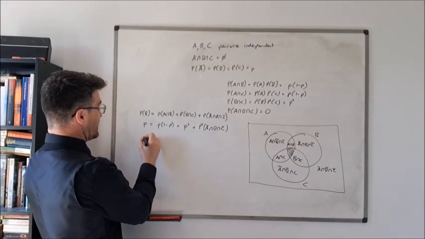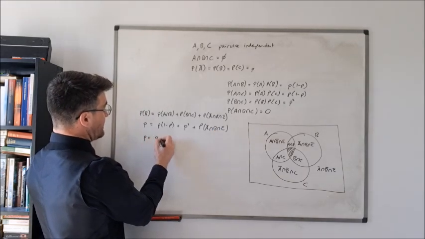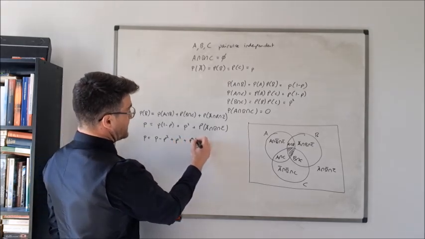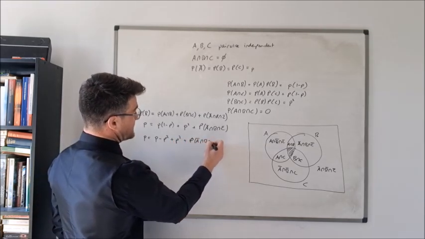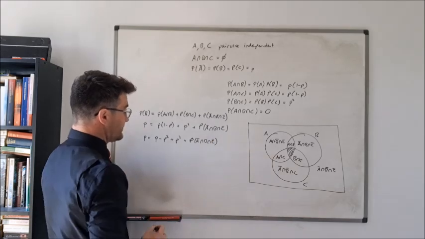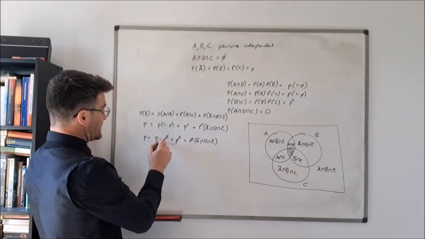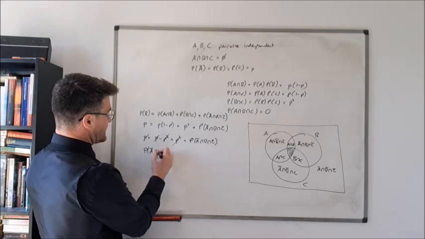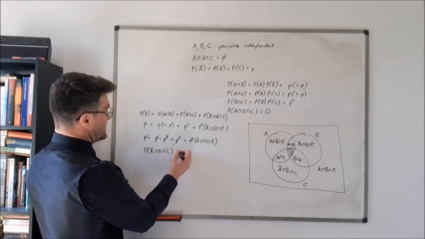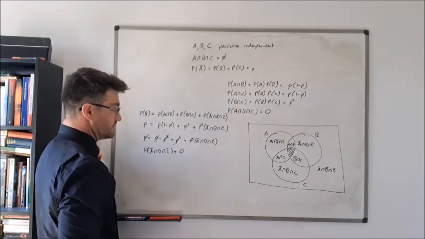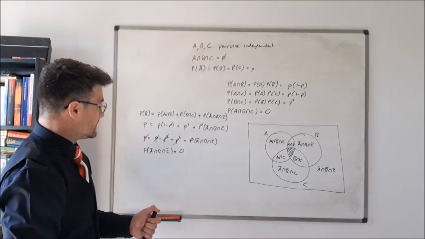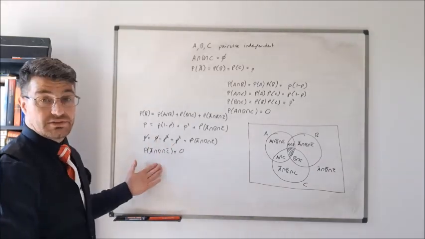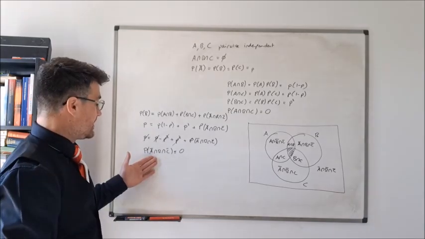Okay, so what do I get here? I get P equals P minus P squared plus the probability of A bar intersect B intersect C bar. So cancel, cancel, cancel, cancel. Oh dear. The probability of A bar intersect B intersect C bar equals 0. Well, when I first saw this, I thought, surely I've made a mistake here.